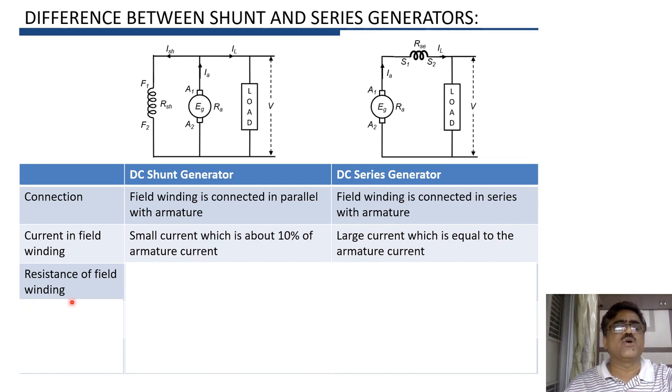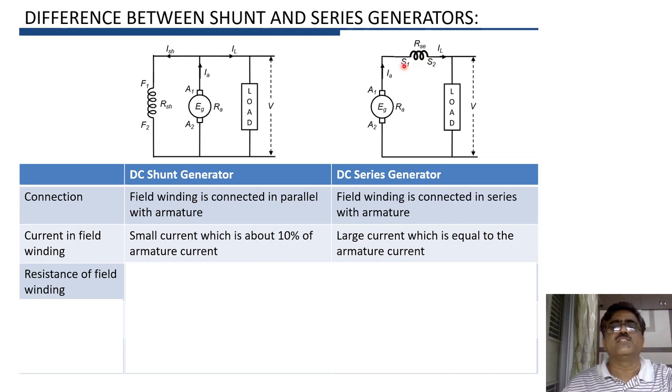Now resistance of field winding. Now if RSH is low, it will overload the generator. It will draw large current from armature, and therefore RSH must be large so that current ISH is limited.